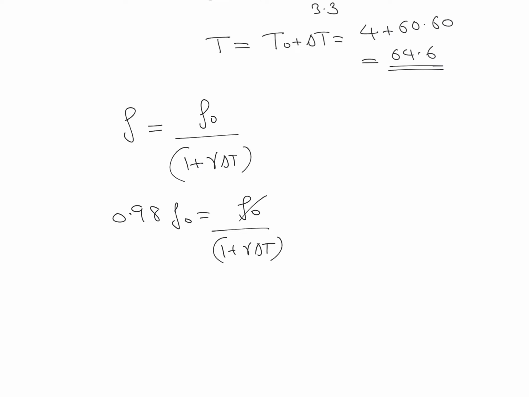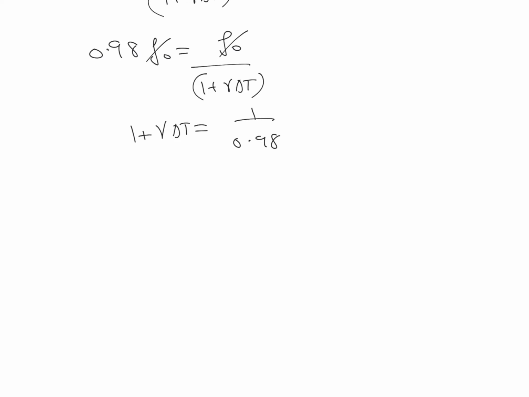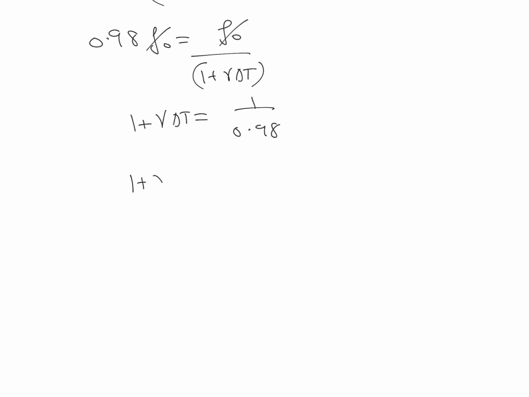The initial density cancels, so 1 plus gamma delta t is 1 divided by 0.98.